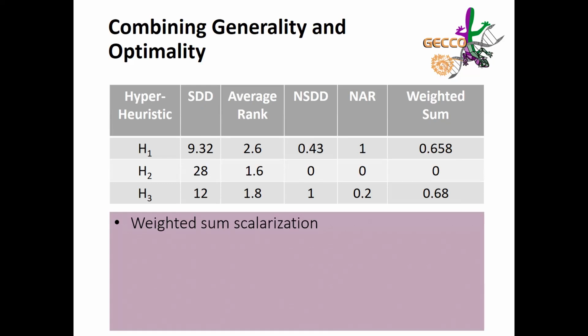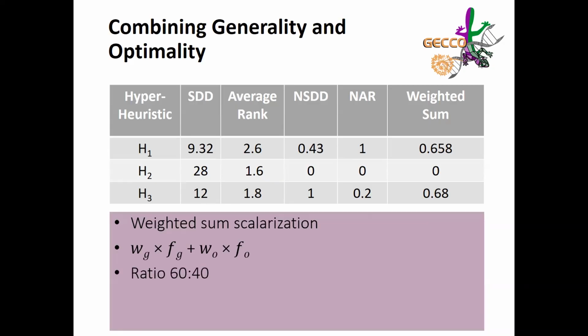So what I've got here, and I'm just going to quickly go back because I've got to use my pointer again, is the SDD value, and we've done a very simple min-max normalization. Okay, so that would be our weighting of the different objectives.